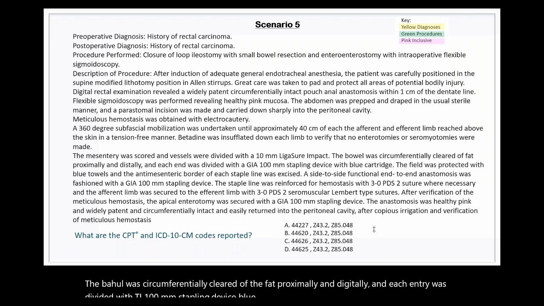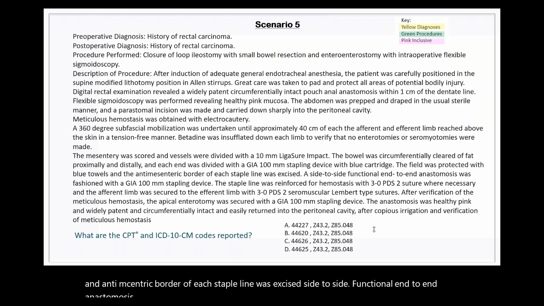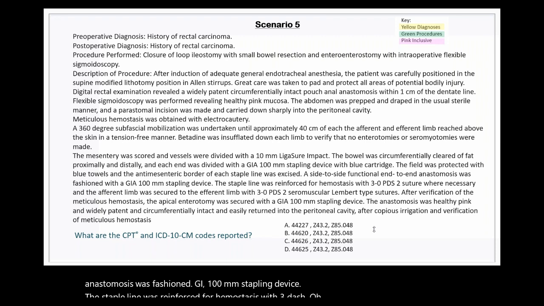The field was protected with blue towels, and the anti-mesenteric border of each staple line was excised. A side-to-side functional end-to-end anastomosis was fashioned with a GIA 100 mm stapling device. The staple line was reinforced for hemostasis with 3-0 PDS sutures where necessary, and the afferent limb was secured to the efferent limb with 3-0 PDS seromuscular Lembert-type sutures.